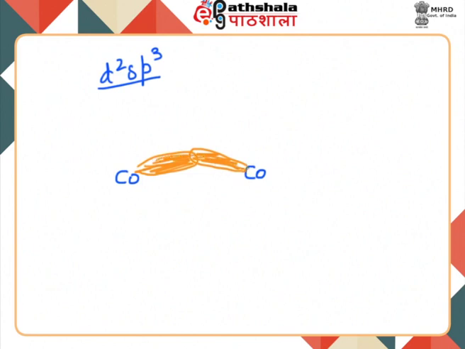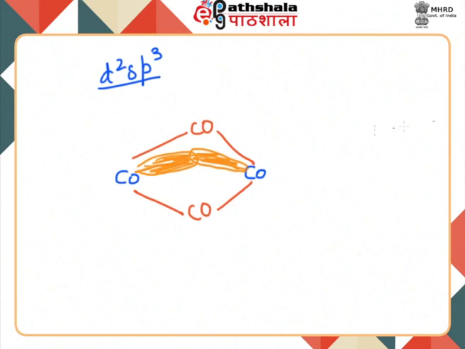Furthermore, we have understood how there will be two bridging carbonyls, one bridging carbonyl as shown here and another bridging carbonyl between these two cobalt atoms.